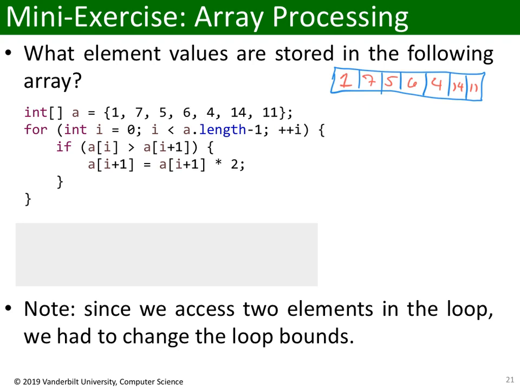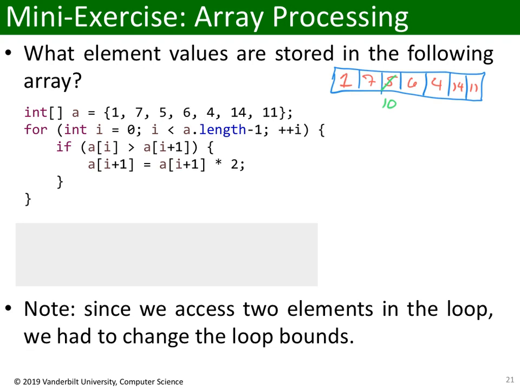Then we assign that value back into element 2 of array A. So now this is 10. Okay, we have finished all the statements in the if statement. We have finished all the statements in the for loop. So therefore, we will update.